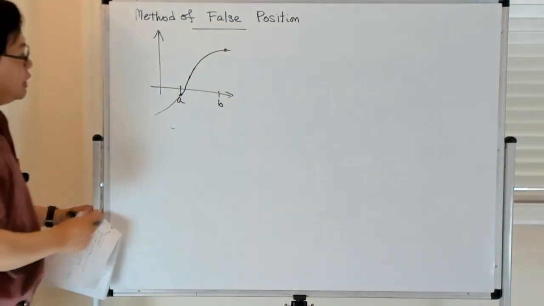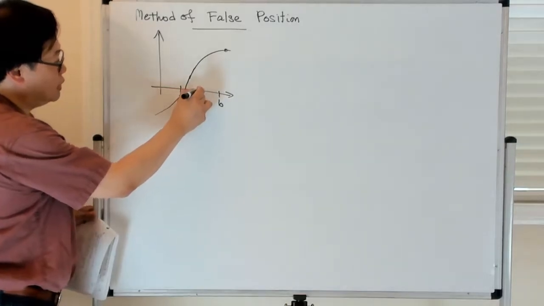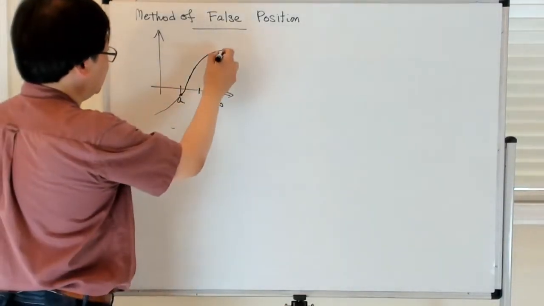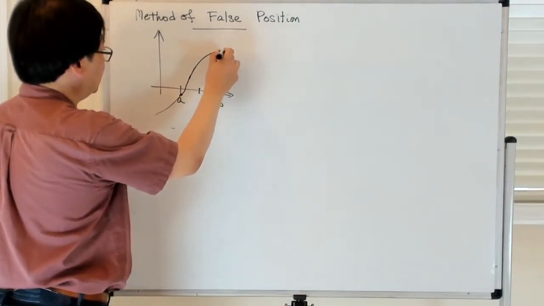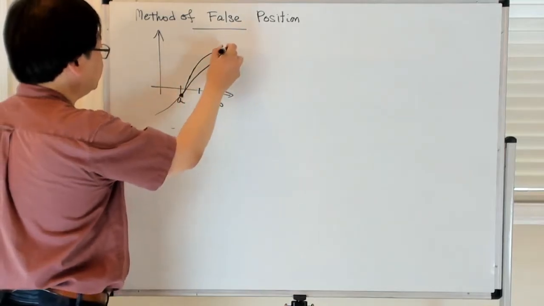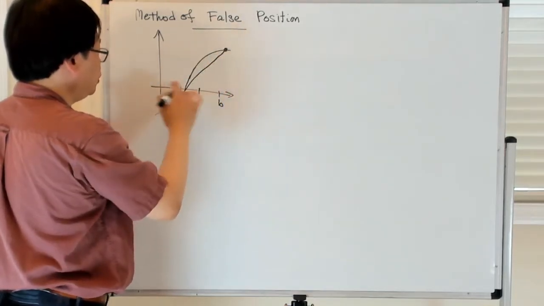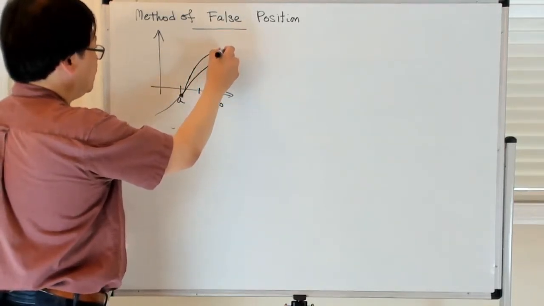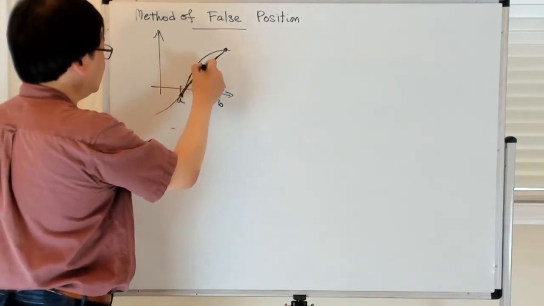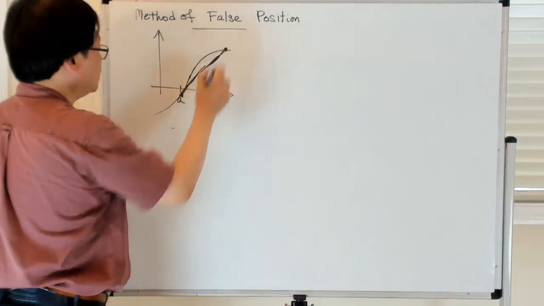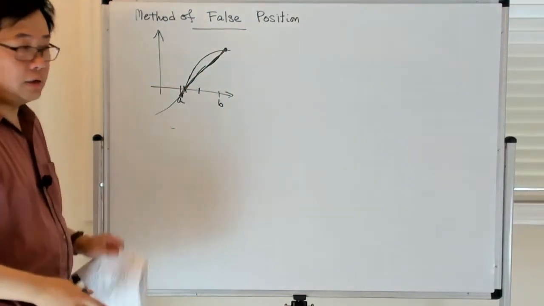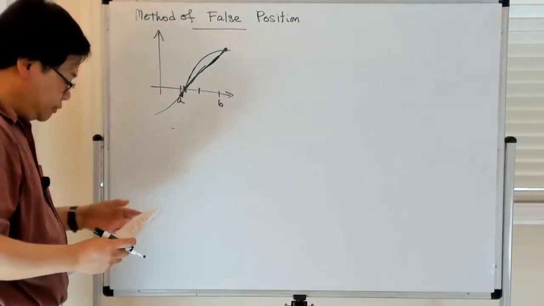You might imagine that instead of using the midpoint as your estimate for the root, you might want to do something a little bit trickier, like replace that function f by the secant line which connects these two points, and then look at the root of that secant line and use that as your estimate.